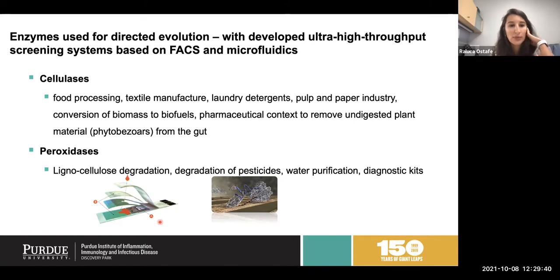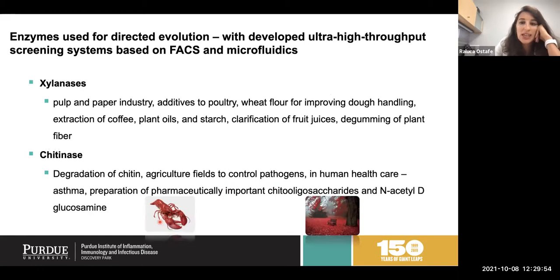We also worked on peroxidases, which are used in lignocellulose degradation, again for biofuel application. They can be used in degradation of pesticides. They are used in a lot of water purification systems and also in diagnostic kits. And again, we apply the same methods for xylanases and chitinases, with most applications in the pulp and paper industry and the biofuel industry.